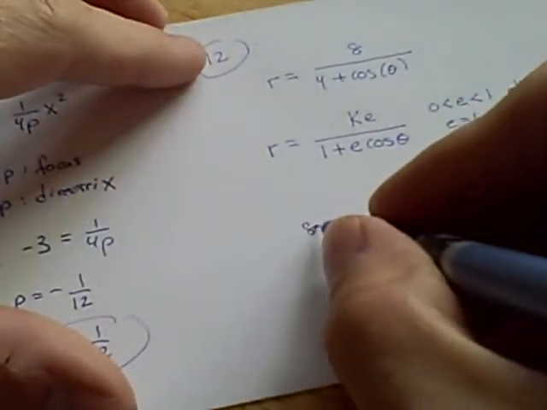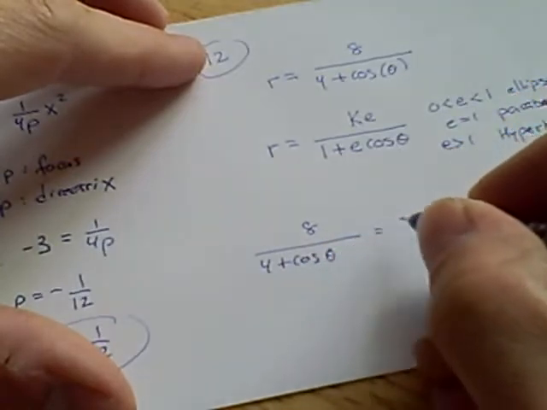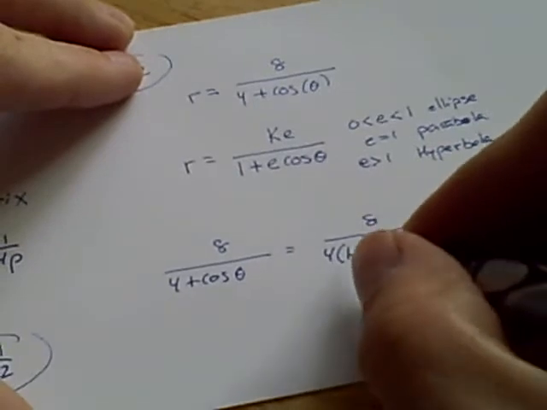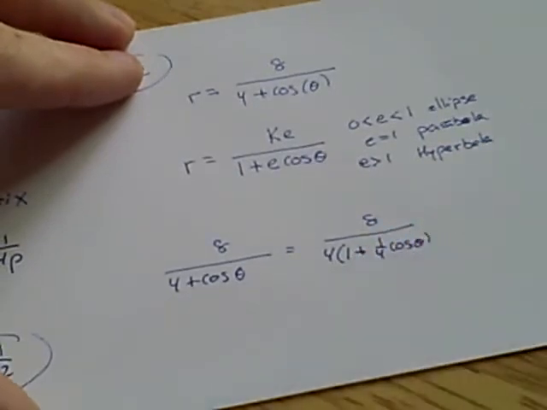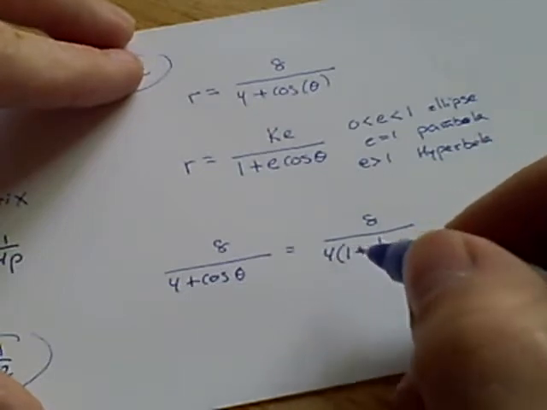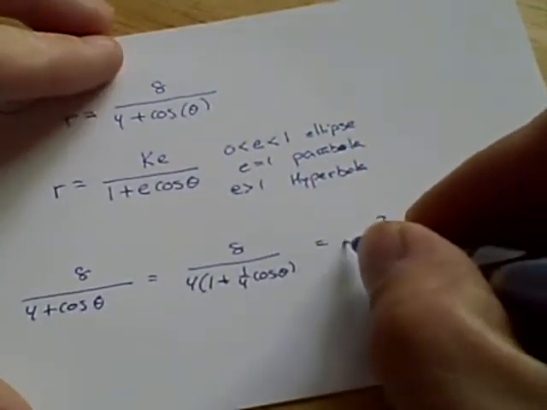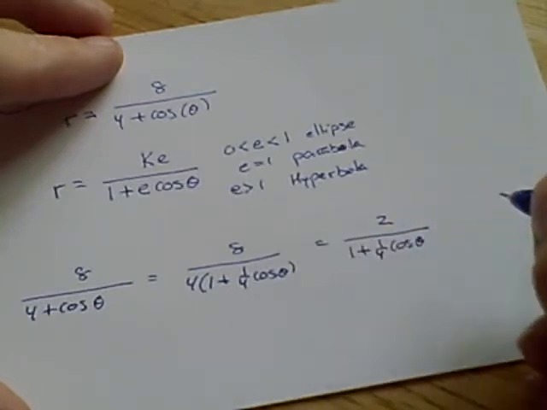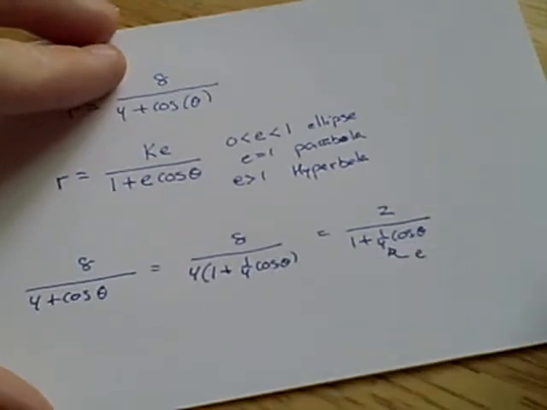So taking 8 over 4 plus cosine theta and factoring a 4 out of the bottom leaves 1 plus a quarter cosine theta. That 4 and 8 simplify, and we get a 2 on top, 1 plus 1 quarter cosine theta. And so we can see the eccentricity is 1/4.